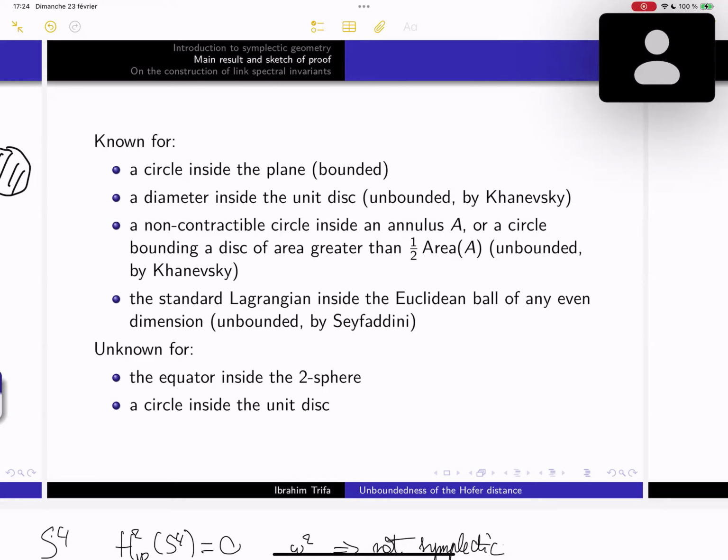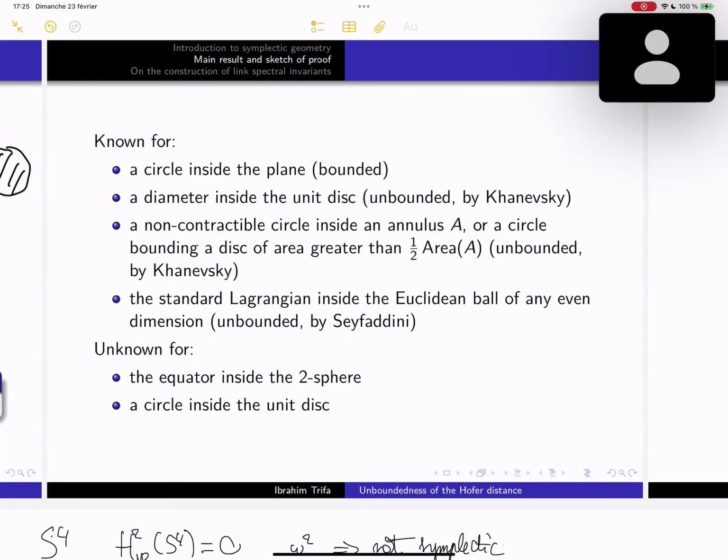Then Khanevsky showed that if you take the symplectic manifold to be the unit disk and the Lagrangian the diameter, then this distance will be unbounded.